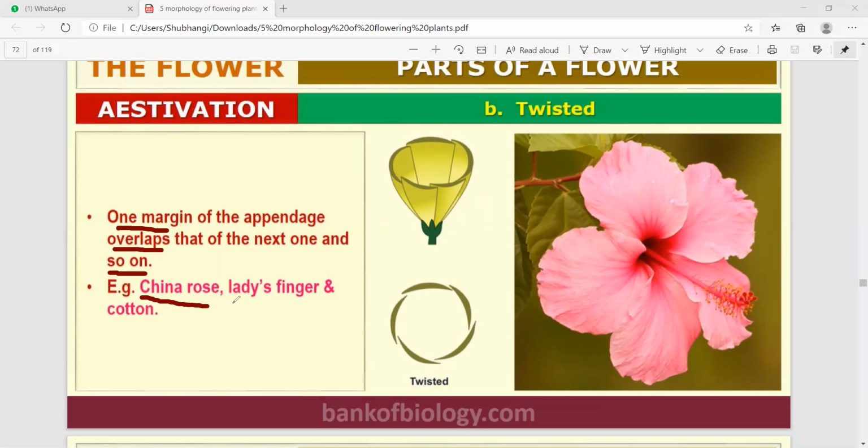So this is a plant we see in our day-to-day life. Ganpati likes this, no? We offer this flower to Ganpati. So in this flower, as you can see, one is covering the other. Okay, and this is my which estivation? Twisted estivation. And other examples of this are ladies' fingers and cotton. Okay, so two examples we remembered here.